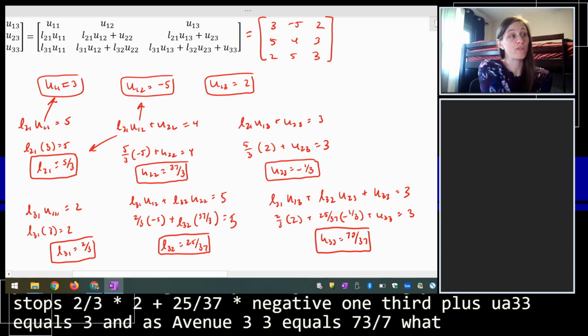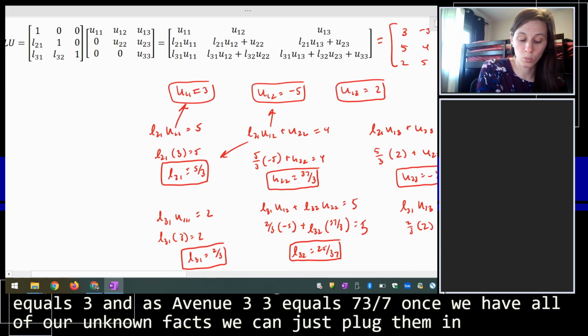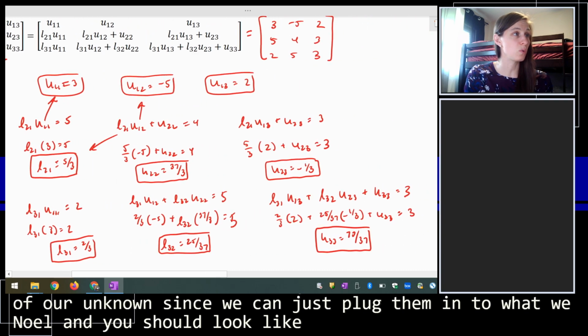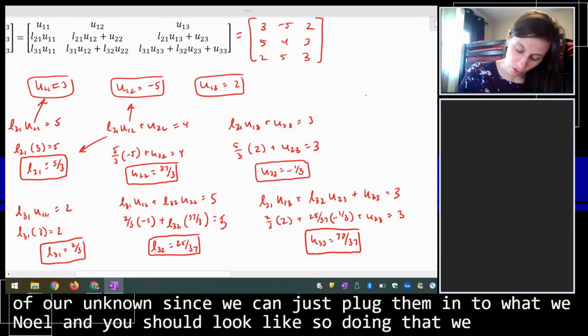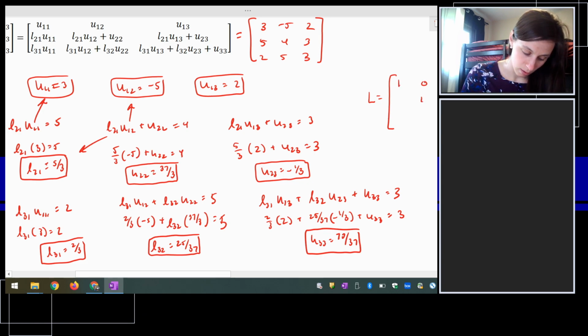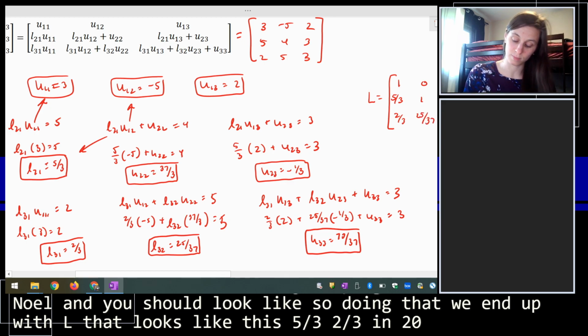Once we have all of our unknowns, we can just plug them in to what we know L and U should look like. So doing that, we end up with L that looks like this: five thirds, 2/3, and 25/37.